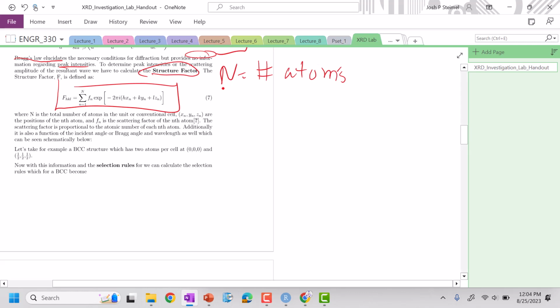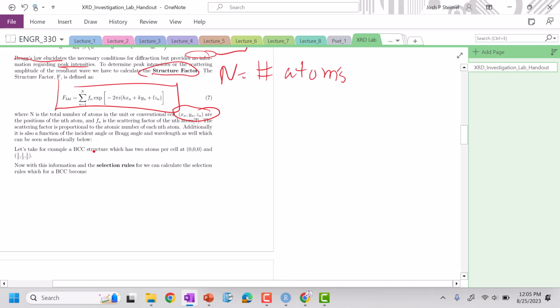Each atom n will have some XYZ coordinate, which is a key component here. And for HKL, depending on what is allowed and what is not allowed, or what exists and does not exist in terms of the HKL indices that appear, we're going to determine essentially our selection rules.